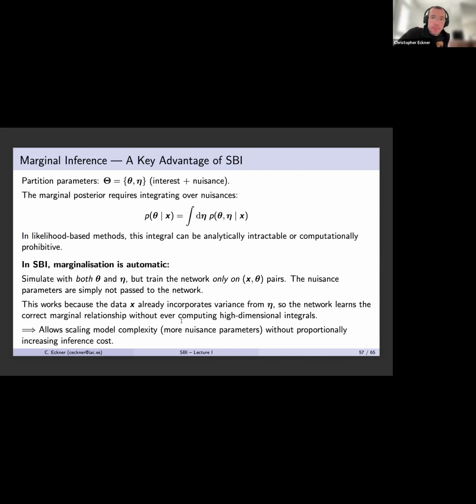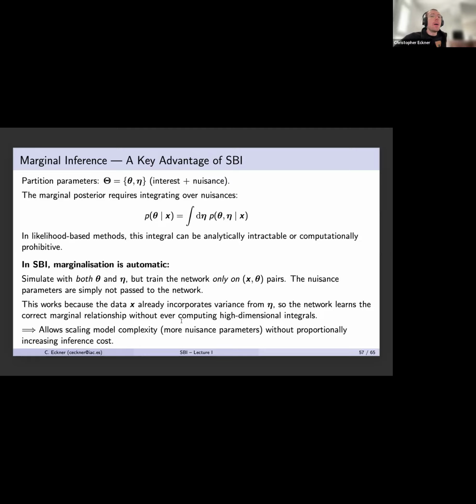Then, again, I want to highlight the fact that simulation-based inference and this implicit likelihood method is advantageous in the sense that you can perform marginal inference. Because what you do basically is you train on draws of the joint sample. Here you can be as expressive and parametric as you want.